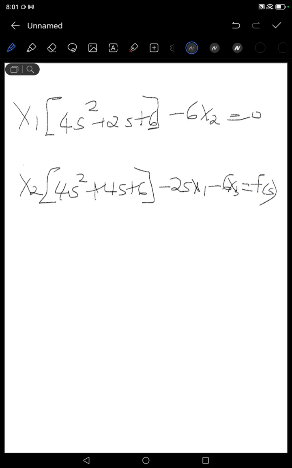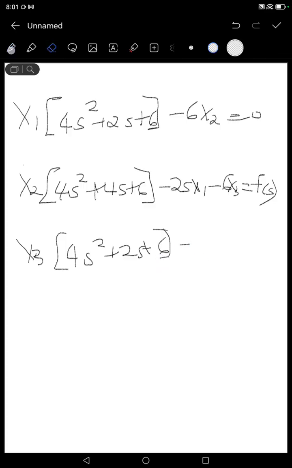This is the second equation. And then the last equation was X3 times (4s squared plus 2s plus 6) minus 6 X2, all equals 0.